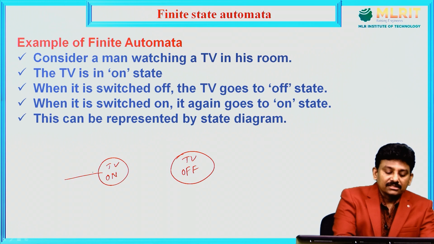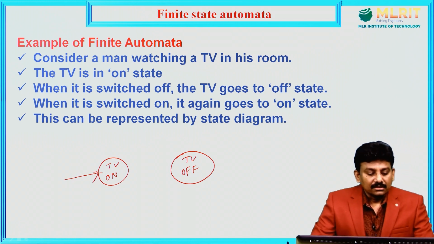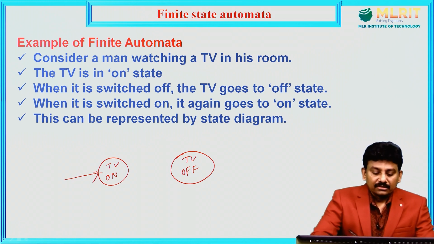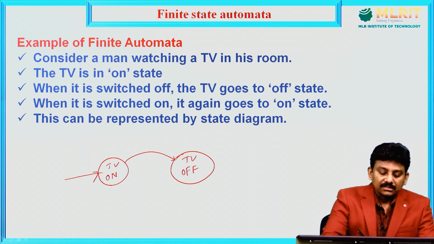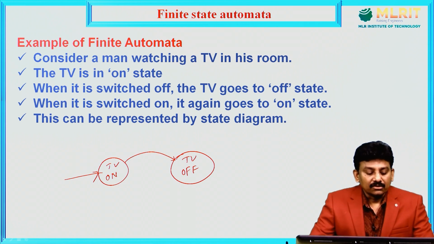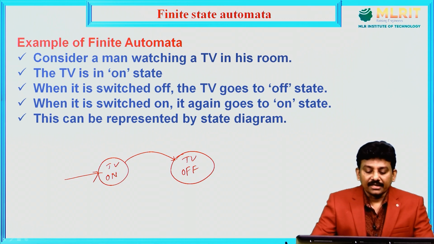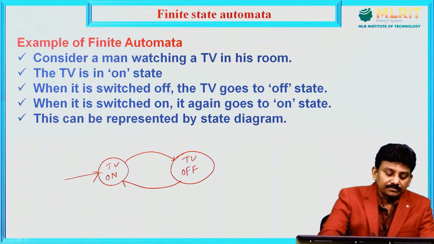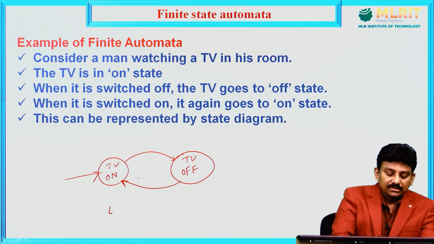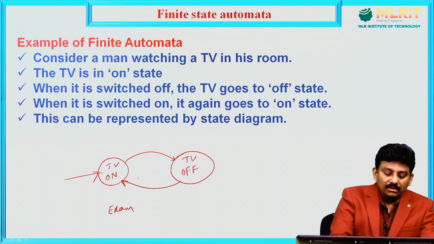This is the initial state. When the TV is switched off, the transition occurs, and control goes to the TV off state. The state of the TV changes to the off state. When it is switched on again, it goes to the on state. So, this is a simple example of finite automata.